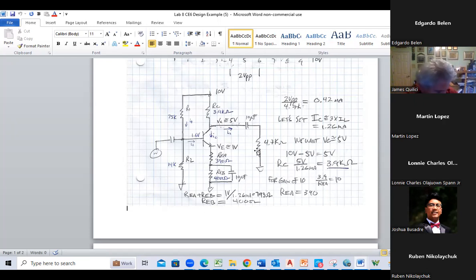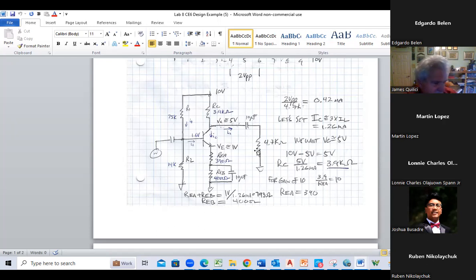Okay. Now I'm just going to do a hand calculation here. I've got a load of 4.7K, in parallel with 2000.